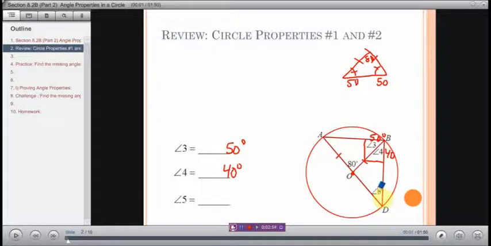Now, how do we get angle 5? Well, angle 5 comes from another radius. That's a radius, that's a radius. We have another isosceles triangle. An isosceles triangle like this one, two sides are equal, means the two bases are equal. Two ways to do this.